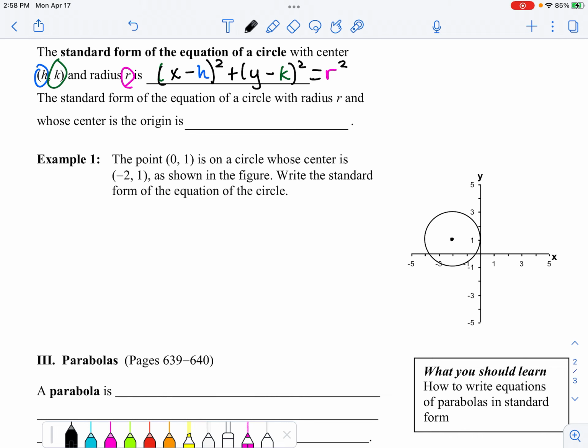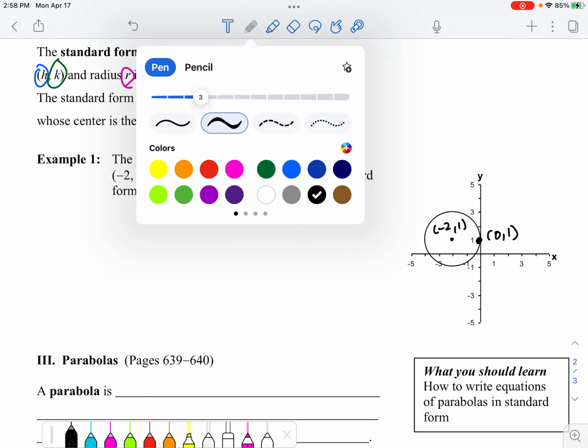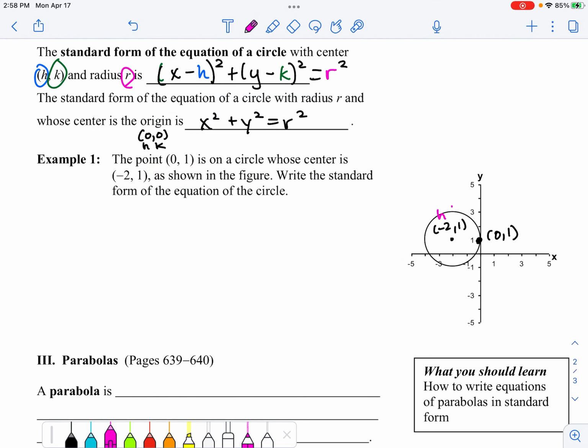And the standard form of the equation of a circle centered at the origin, otherwise known as when h and k are 0, is simply x squared plus y squared equals r squared. So for this example, kind of like what we were doing today, the point 0, 1 right here is on the circle, and the center is at -2, 1. If I know it's the center, I also know that it's h, k. Write the standard form of the equation.